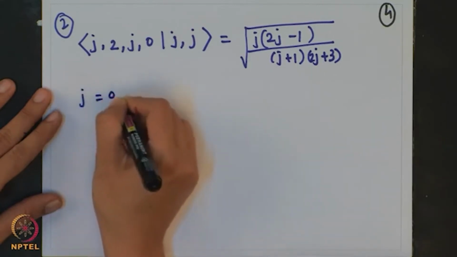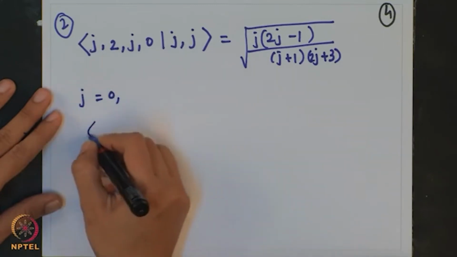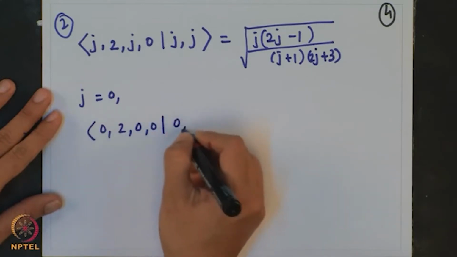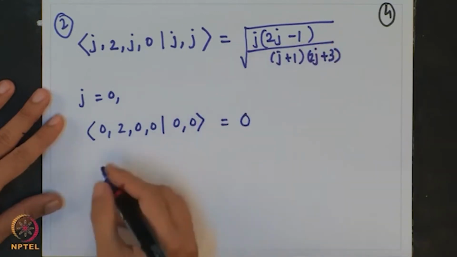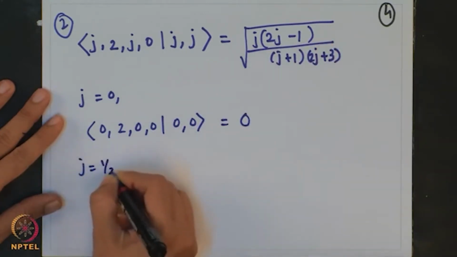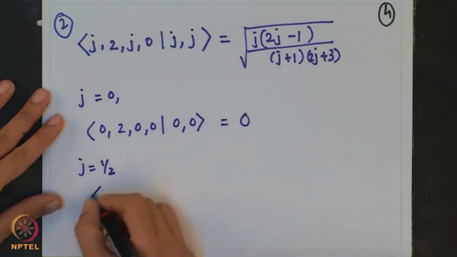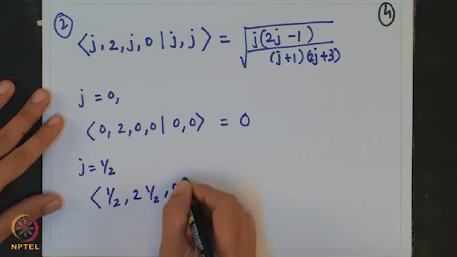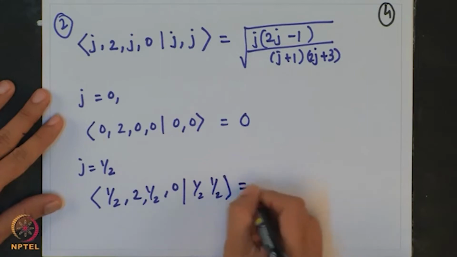When 0, let us check. When j is equal to 0, this term, that is 0 2 0 0 0 0, will be 0. And when j is equal to half, this term will be 0. That is to say that half, 2, half and 0 is 0.